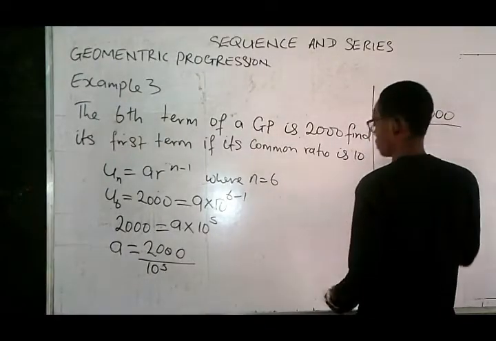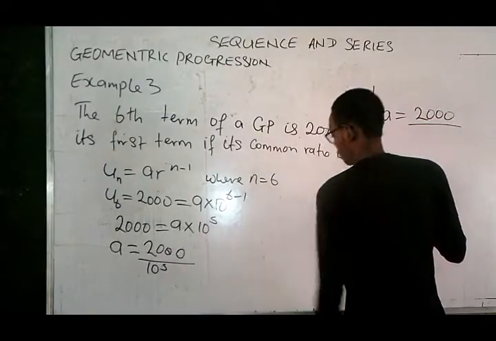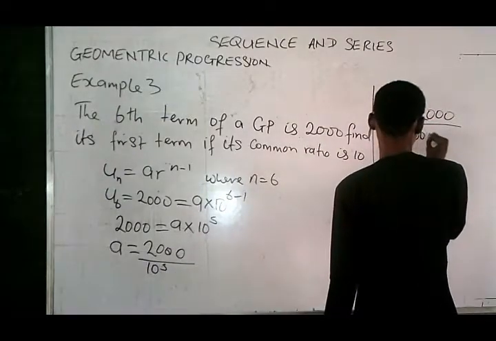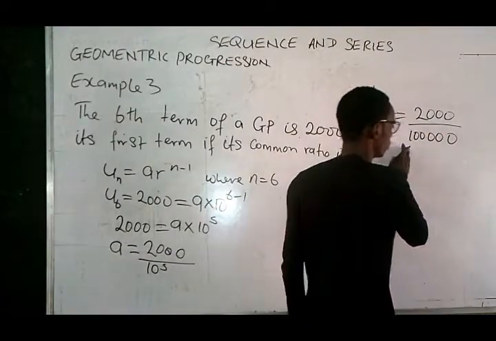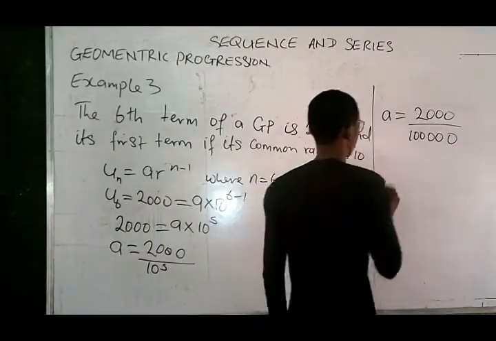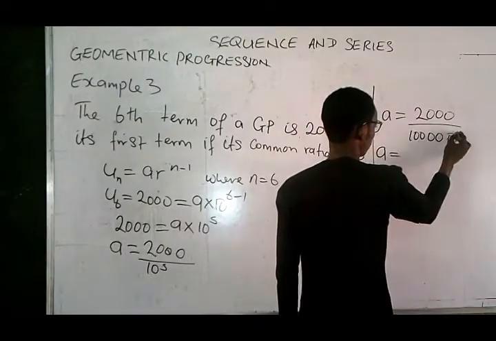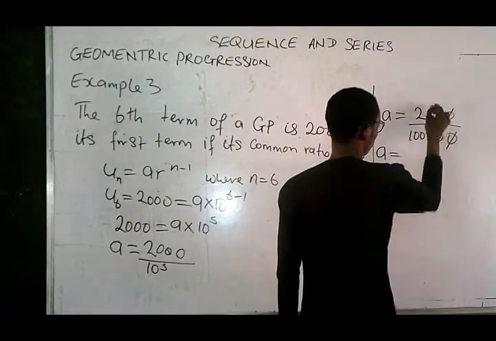2000 divided by 10 raised to power 5. 10 raised to power 5 is 100,000. Therefore, a is equal to 2000 over 100,000. Zero cancel zero, zero cancel zero, zero cancel zero.